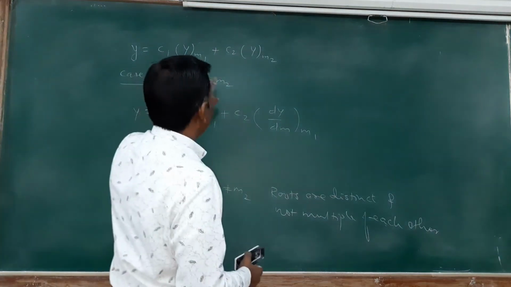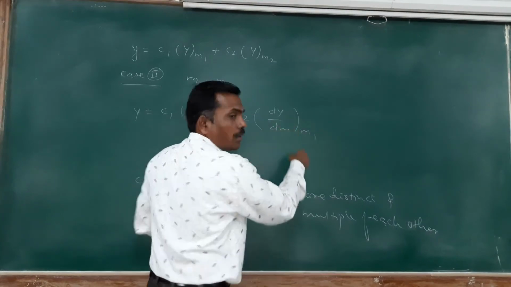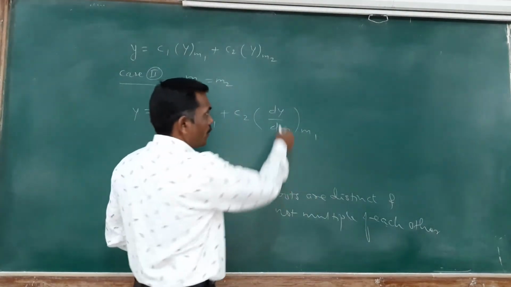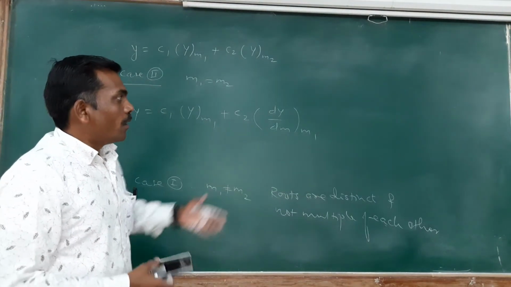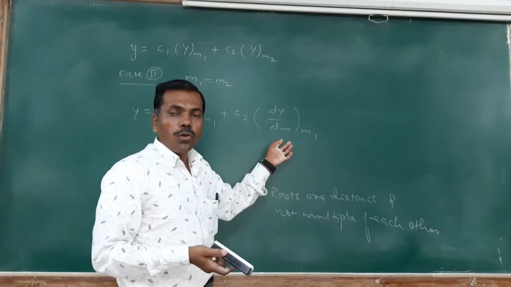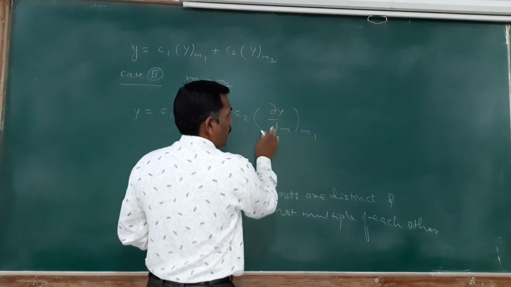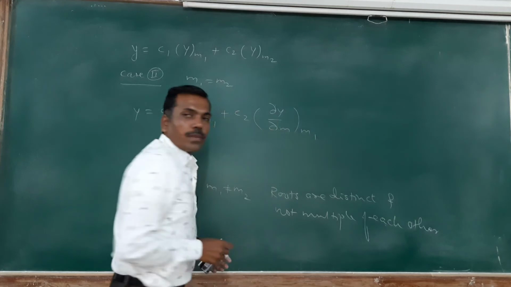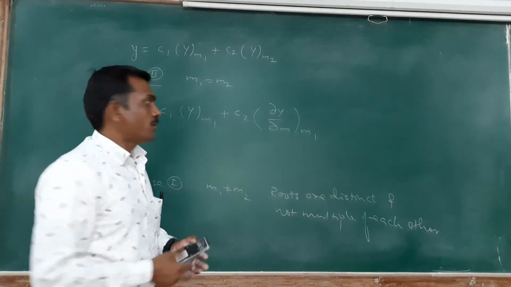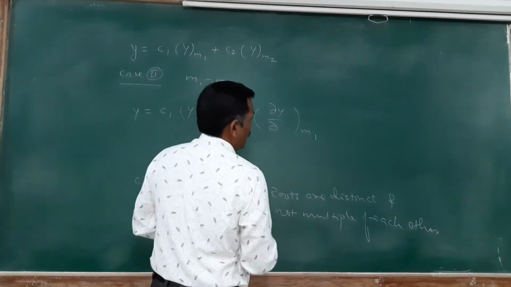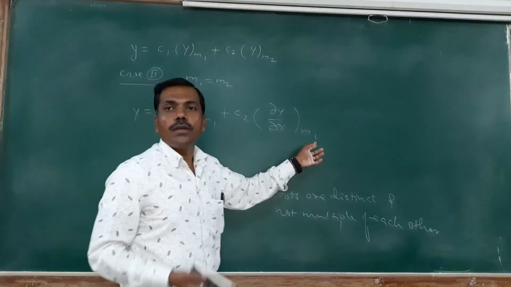You may call it the partial derivative dou y by dou m, but I just called it dy by dm at point m. Why do I write dou y by dou m? Because there is one variable x also. One variable is r and another variable is x. So dou y by dou r at point m is the proper way.